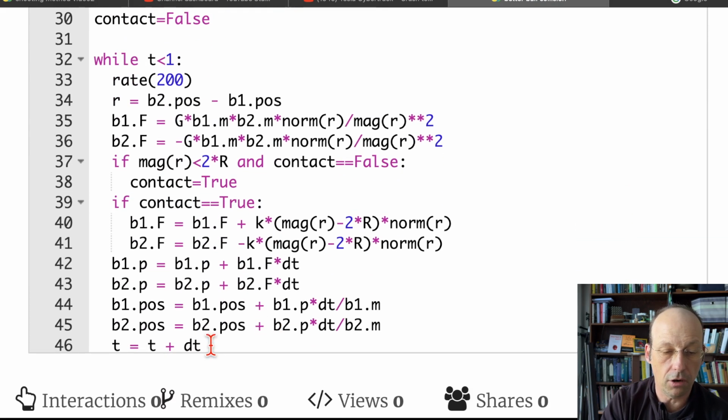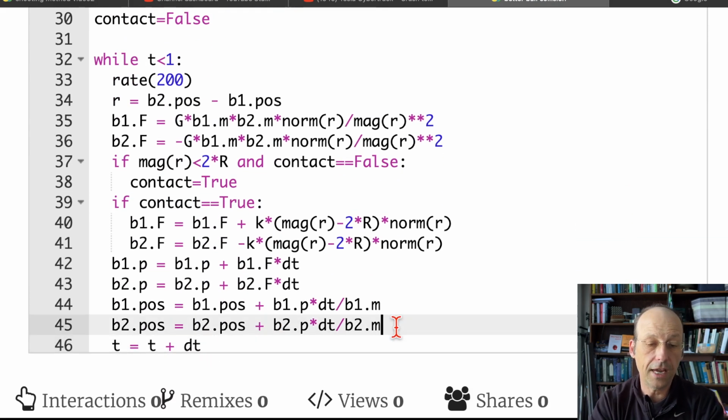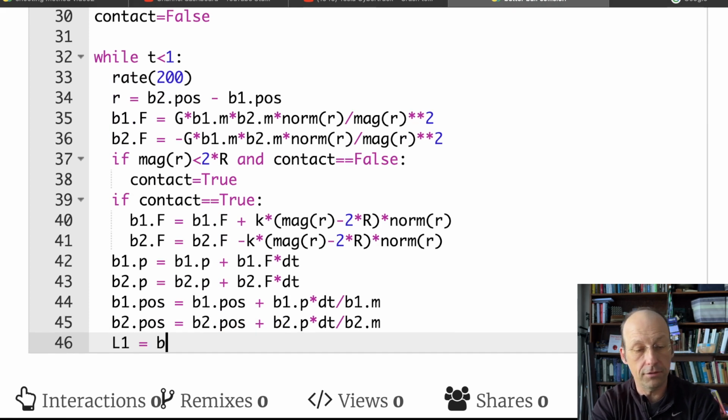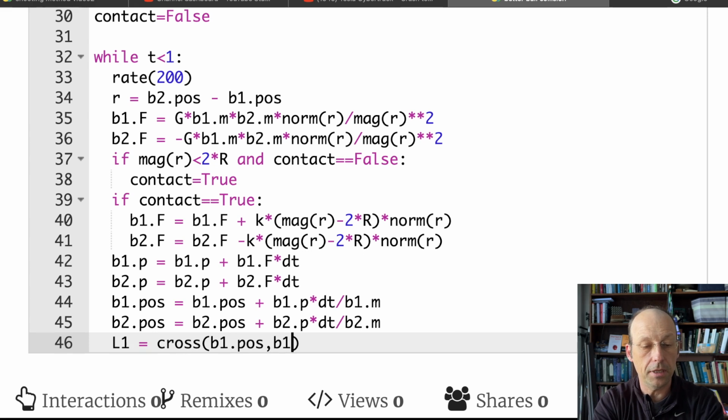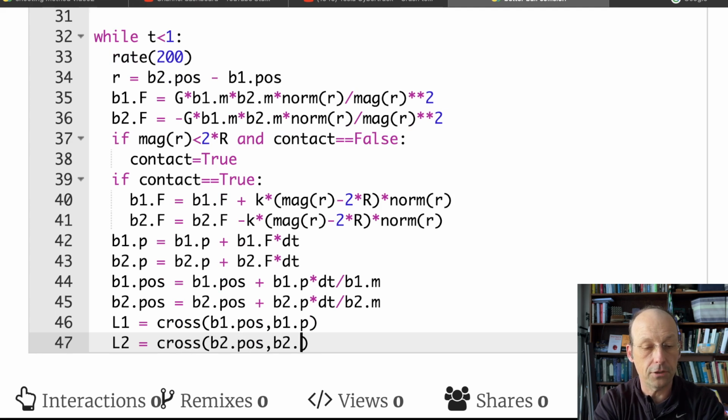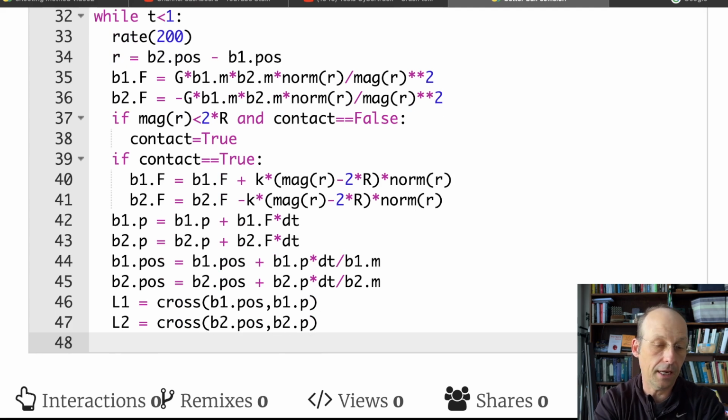Now down here I can make my plots. So let's go ahead and plot all that stuff. I'm going to first calculate L. L1 is cross b1.pos b1.p. L2 is cross b2.pos b2.p. And then I can plot them.